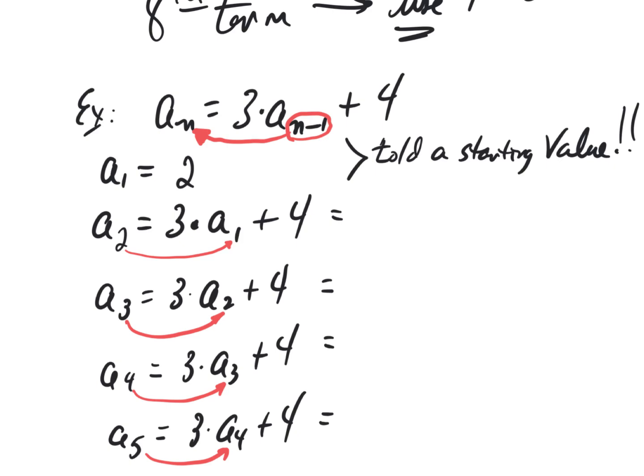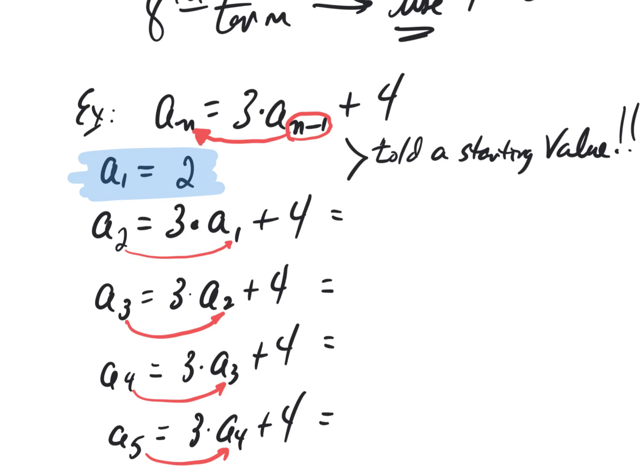Right? So this starting value is going to have to be given to you for every single problem. So it's not something you come up with on your own. You're going to be given a starting value. But once you have that, that's your first term.